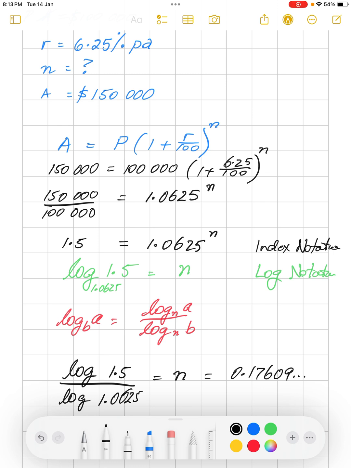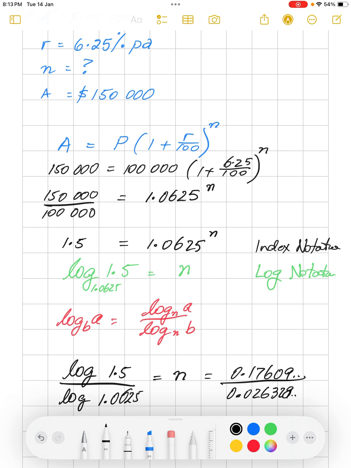Now the log of 1.5, I'll just press log of base 10, is 0.17609, over the log of 1.0625, which is about 0.026329.